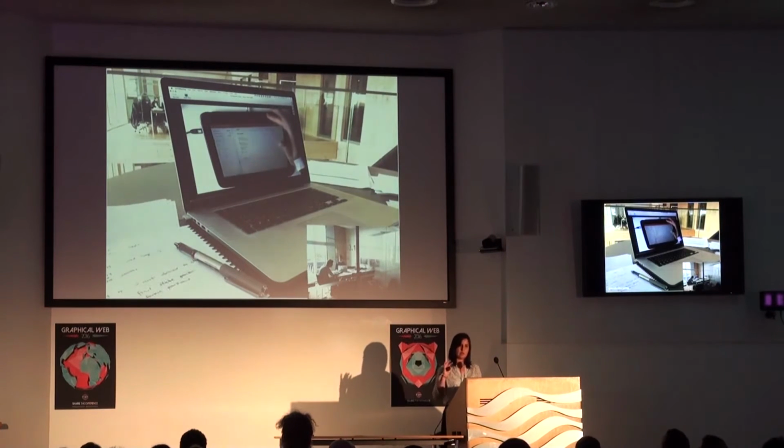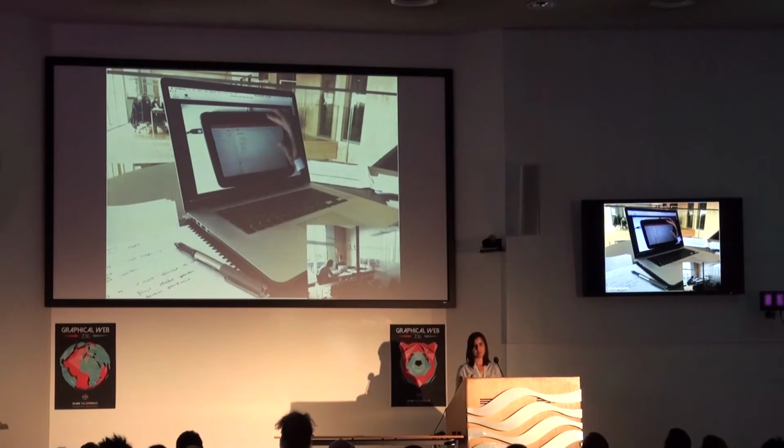We encourage our development team to attend and observe and participate in the usability testing. Sometimes we run remote usability testing, so if it's a tablet app, we have a camera that can be attached to the tablet, so we can see the user's hands. And we also save all the recordings in the same place so that the team can access the recordings of the usability testing at any point.